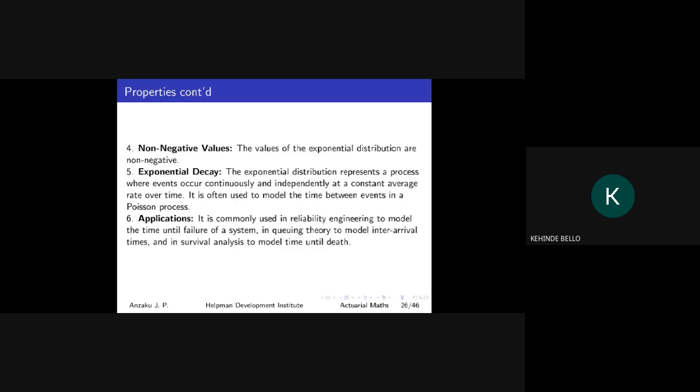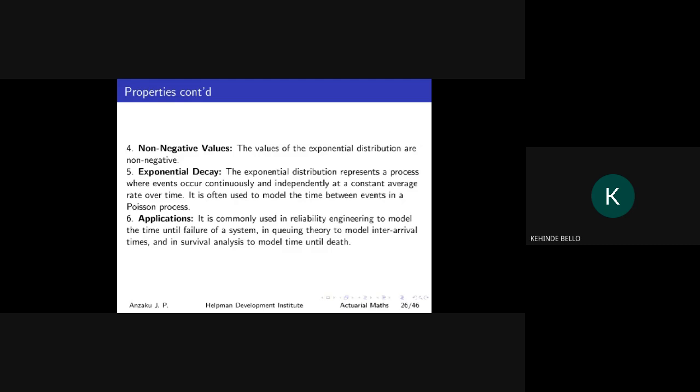So at that age, if you have insured like 10 or 50 people, you expect that the claims will start coming, and faster, because most of them will start dying. That's just an example of the exponential decay.